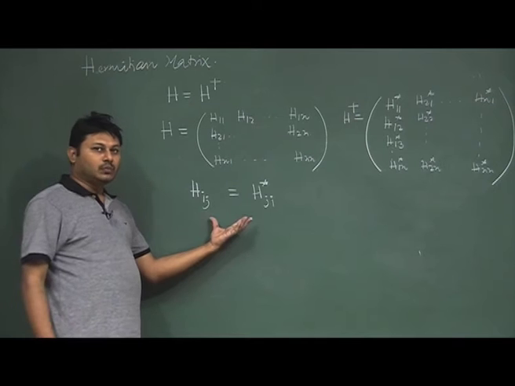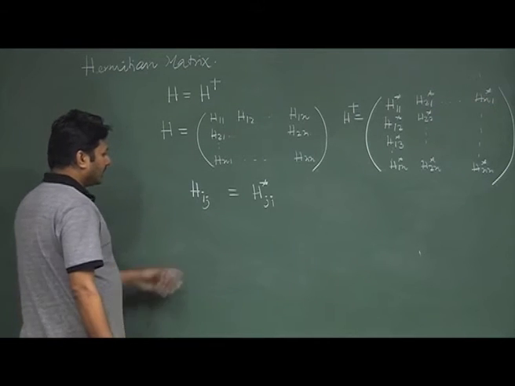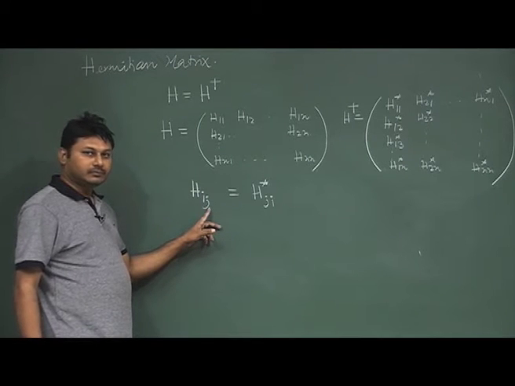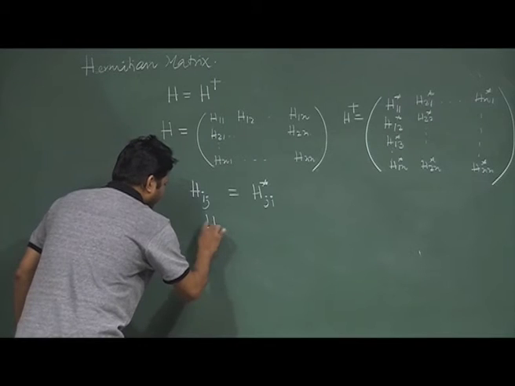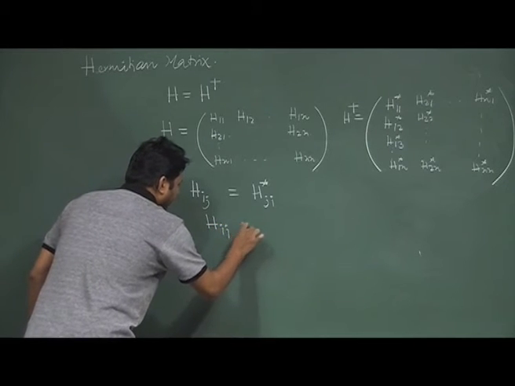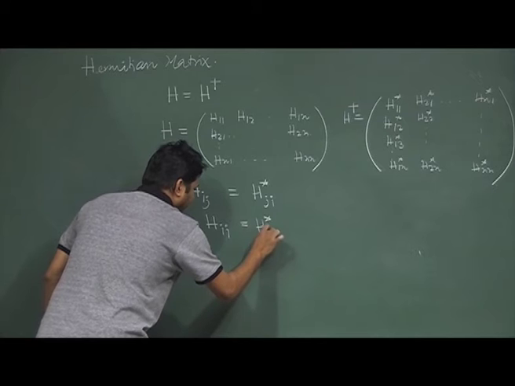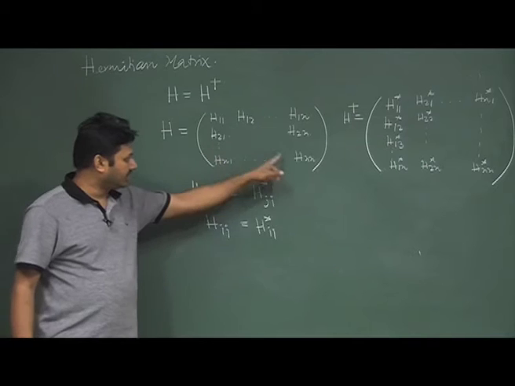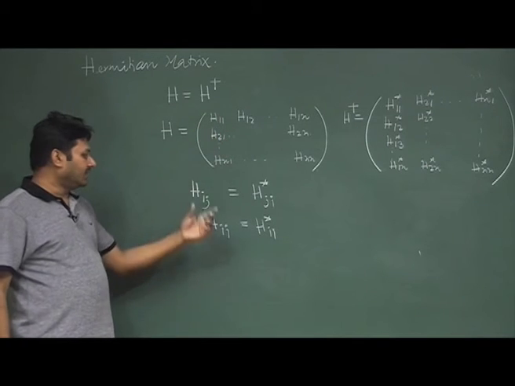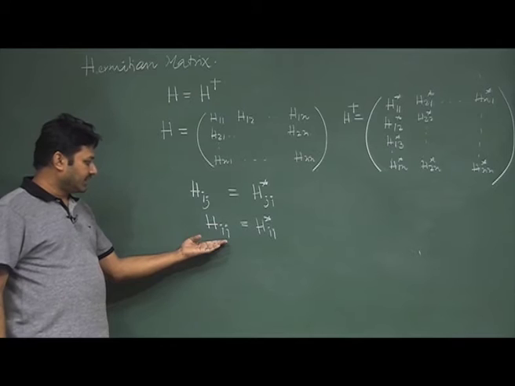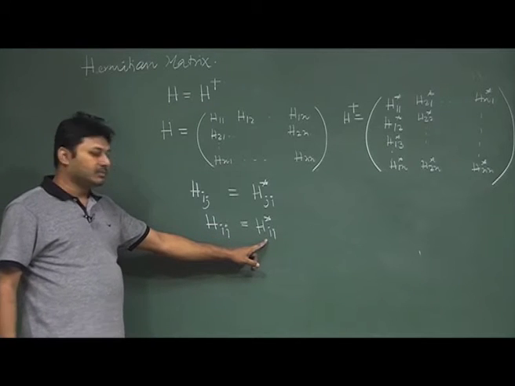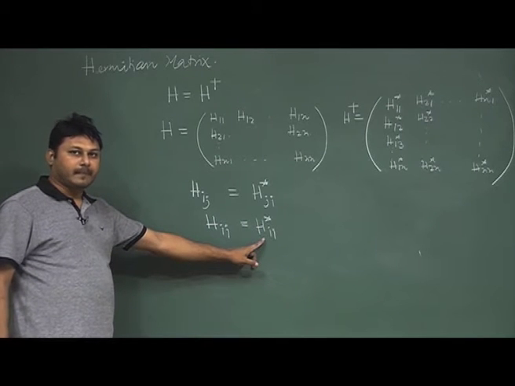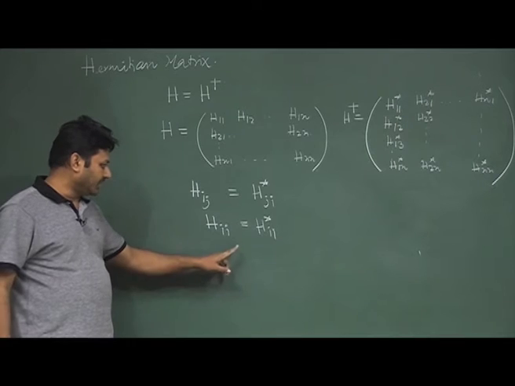If this is true, what happens when I put i equal to j in both cases? Hii is equal to H star ii. ii is nothing but the diagonal elements, and my Hermitian condition suggests that the diagonal element is the same as its complex conjugate.